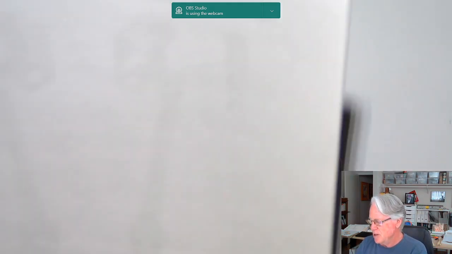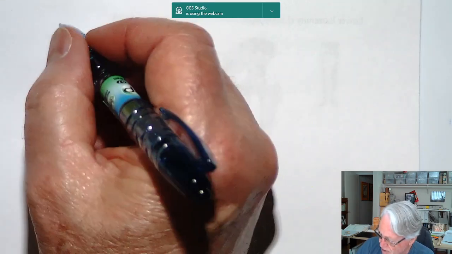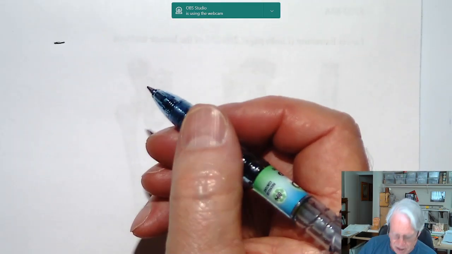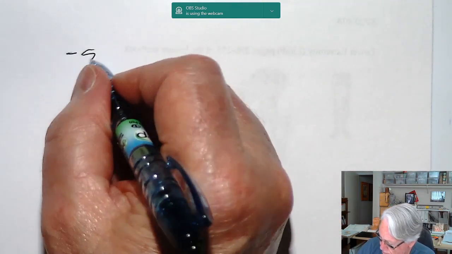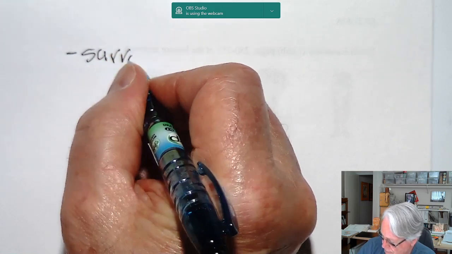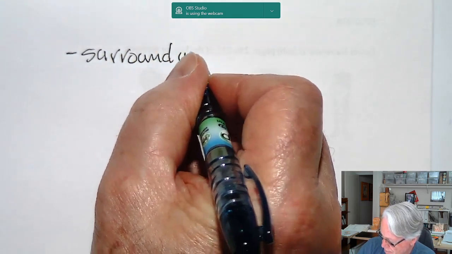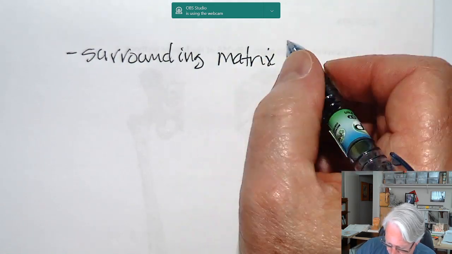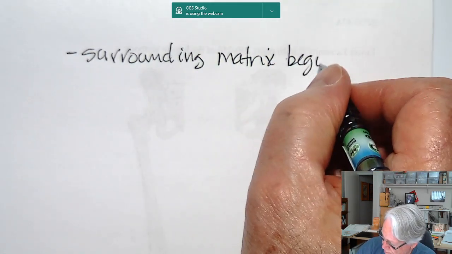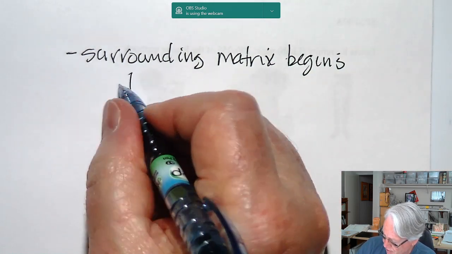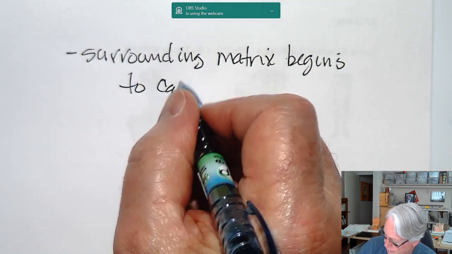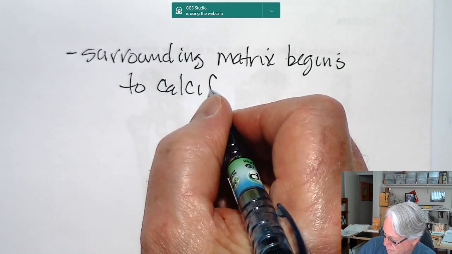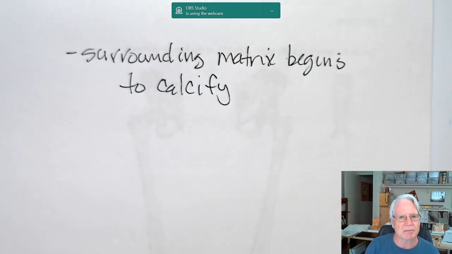As that growth is happening, enlargement, hypertrophy happens, the surrounding matrix begins to calcify. It begins to harden.